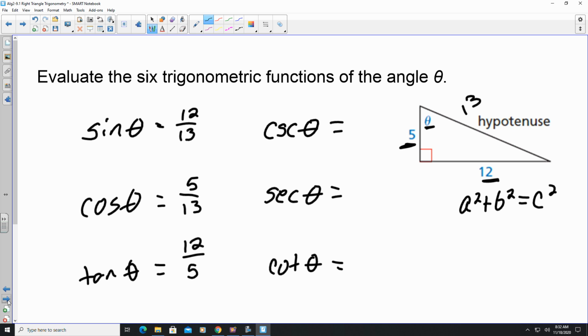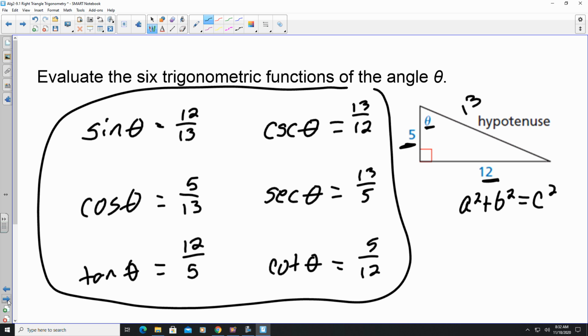For the reciprocals, you just flip the respective sine, cosine, and tangent. Cosecant is 13 over 12, secant is 13 over 5, and cotangent is 5 over 12. Those are my six evaluated trigonometric functions.